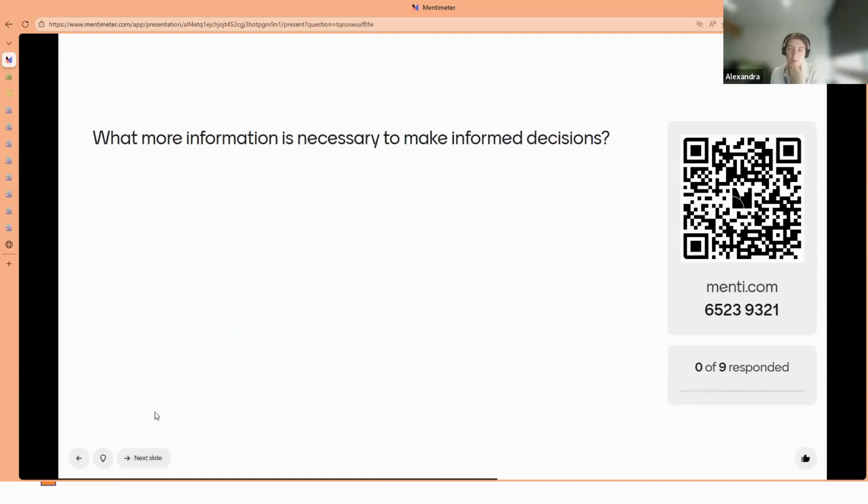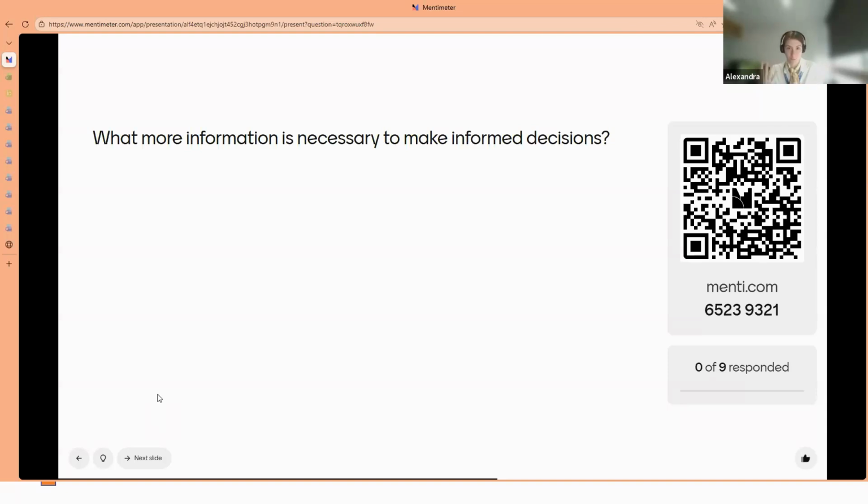What is information that you feel would help you to make better choices, to better understand what is data that you would collect in order to obtain the results that you want? There's a lot of answers here, so there's a lot of information missing.